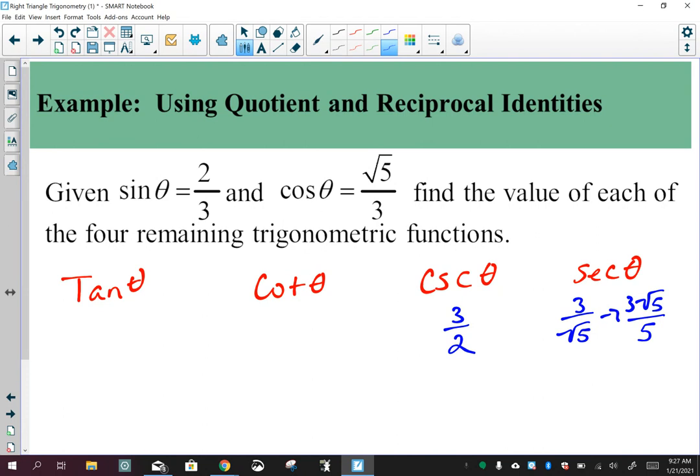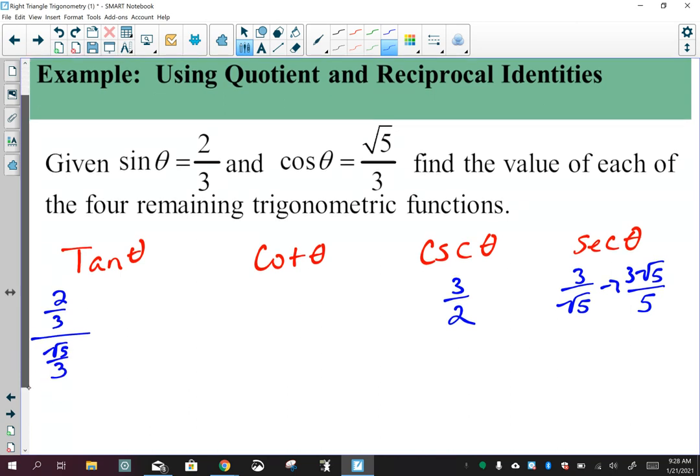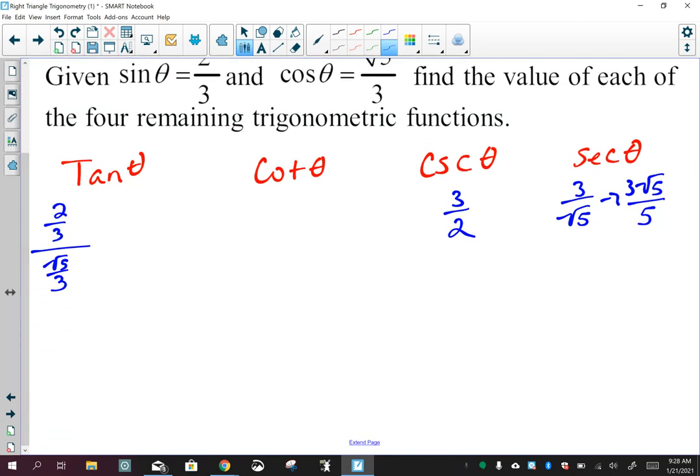Tangent is sine over cosine. This is where the fraction review comes into play. So I have 2 over 3 times 3 over square root of 5. Those will cancel, and this leaves me with 2 over the square root of 5.